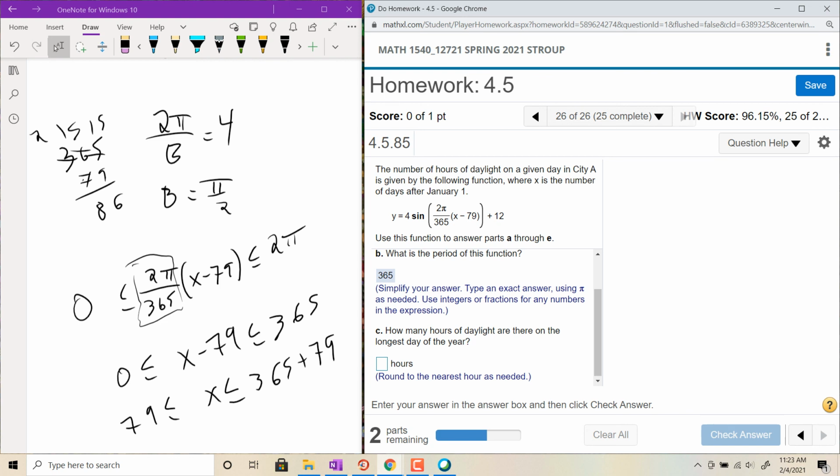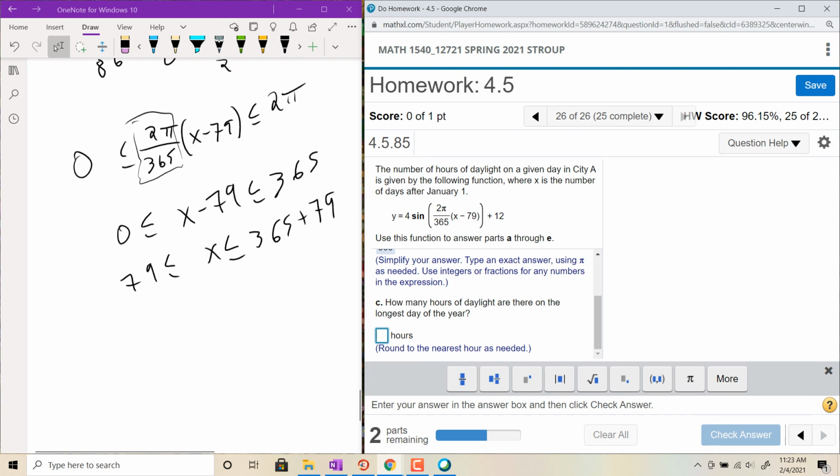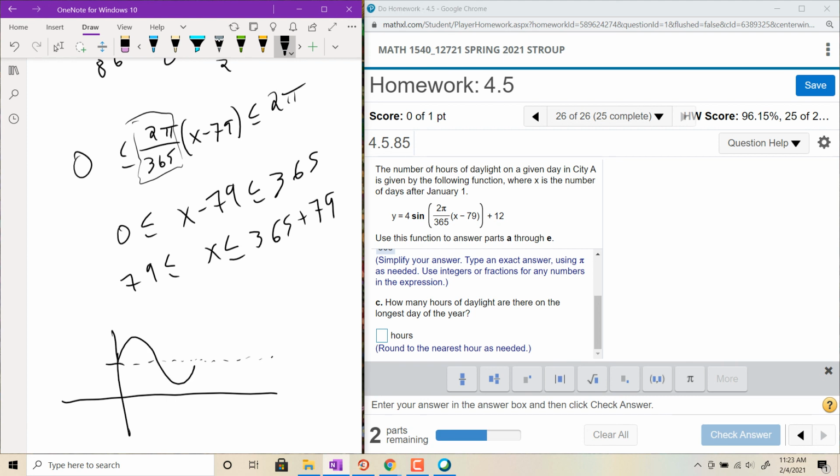And then how many hours of daylight are there on the longest day of the year? So that's kind of like an amplitude question. If you were to graph this thing, it would be shifted up 12. So the middle of it would be right here. And on top of that 12, you're having another 4 due to the amplitude.